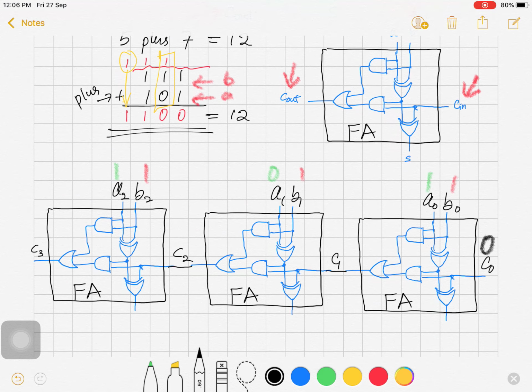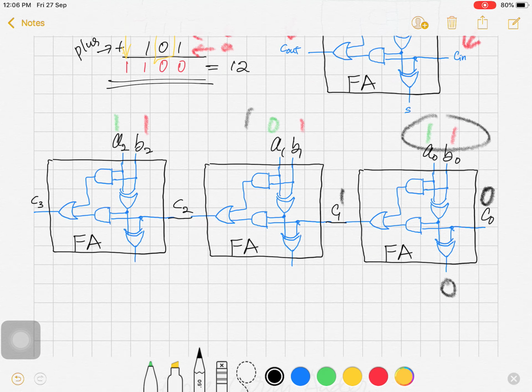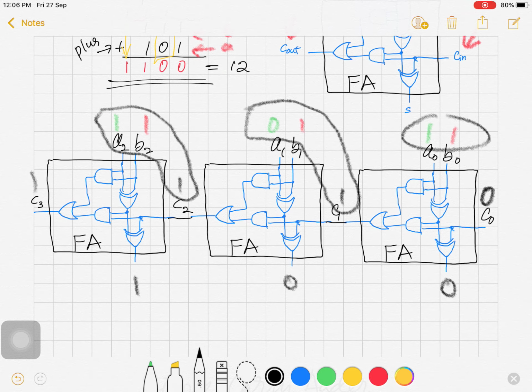And then we process the output such that we attain 1 plus 1 here equals 2. So this becomes 1, this becomes 0. Then 0 plus 1 equals 2 again, 1, 0. And finally 1 plus 1 equals 3, which is 1, 1. Notice that C3 here becomes part of the answer.